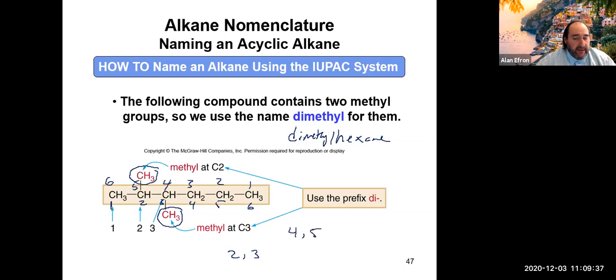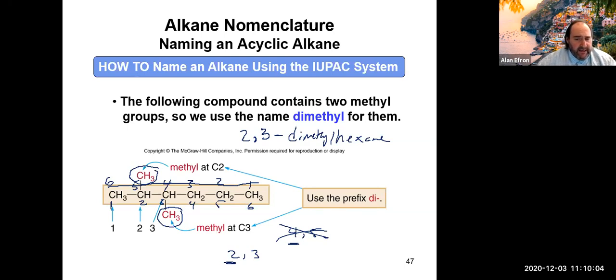It is as simple as 2 is smaller than 4, so we would not want to go this way. So by going left to right, it does give our groups the smallest number, and we do need to include both of them. So 2, again, comma between two numbers, 3, a dash between a number and a letter, and this would be 2,3-dimethyl hexane.